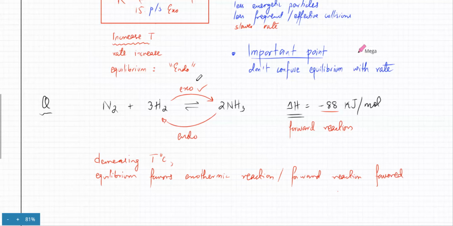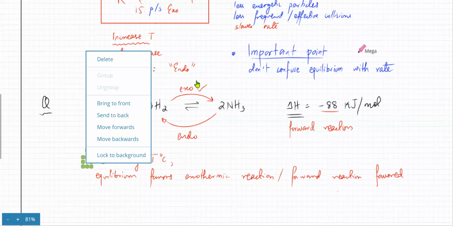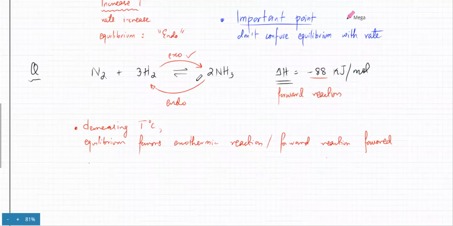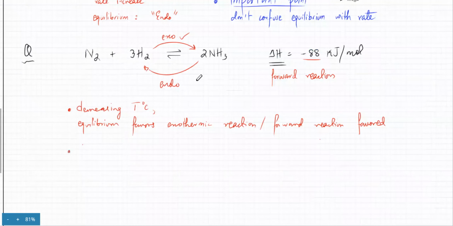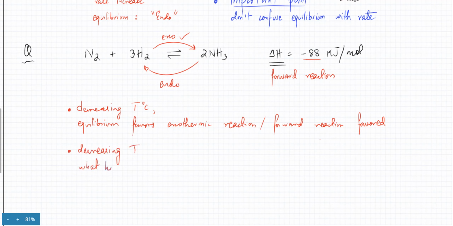So that's about equilibrium. But simultaneously, you might be asked about rate. You might be asked that you're decreasing temperature, so what happens to the rate of the forward reaction? Now, this question is not about equilibrium.